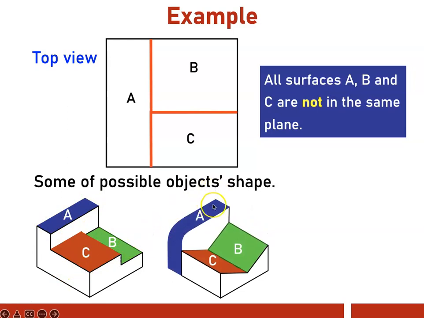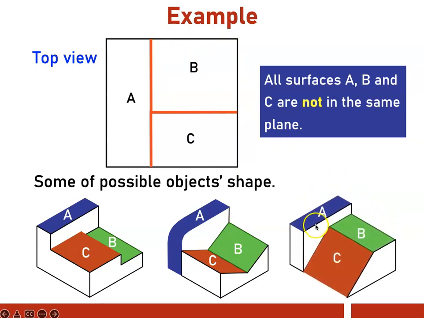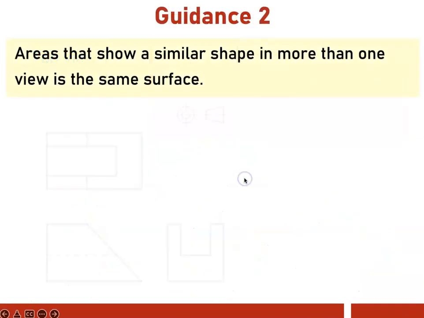It can also be circular or like a fillet over here, and you would still see it looking like this from the top. It can also be slanted, and you would still see it looking flat from the top. So these are possible shapes, and another one would be flat, flat, and this one is slanted. So these are all possible. We need to look at other views to tell us which one is the correct one, right?